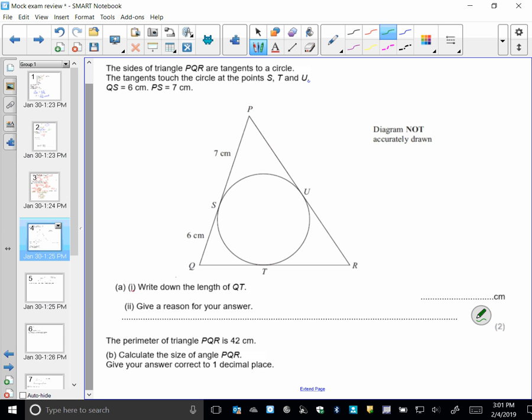Right, they told you that these lengths here are all tangents. Now, if they originate from this point here, and we've got a tangent here and a tangent here, what's special about the lengths of the lines up to where they touch the circle edge? They're equal. So what does that mean that length QT would be?